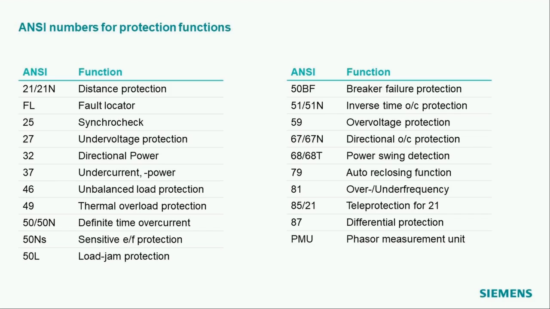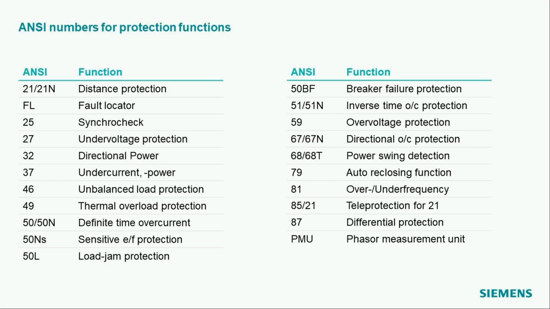We also have NS, the lowercase s means sensitive. And we also have some functions where we don't have a number, like you see there the PMU, phasor measurement unit, the synchrophase measurement, or the FL fault locator, where we measure the distance to the faults. So those are some newer developments where people didn't assign the number.